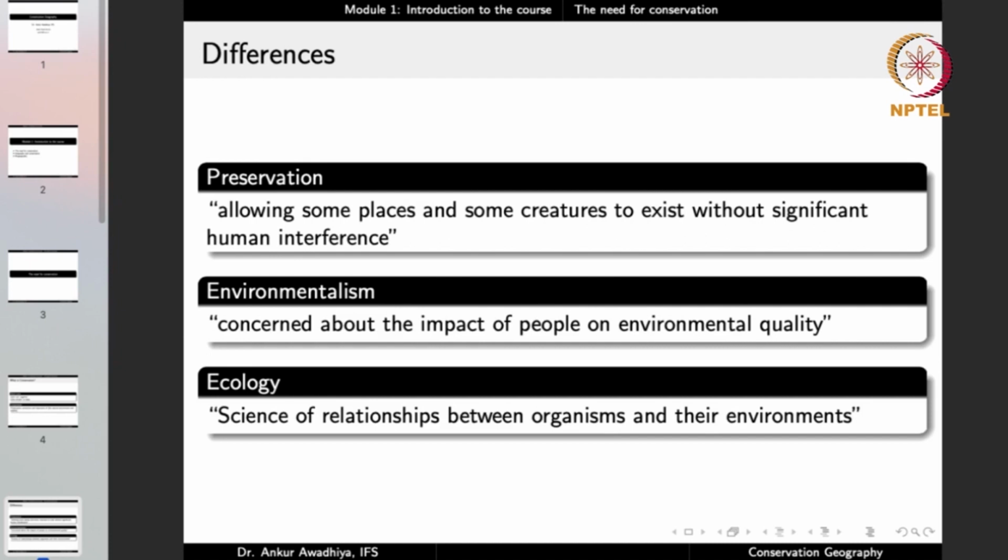Now similarly, when we talk about environmentalism, we are talking about concern about the impact of people on environmental quality. So in this case, the main objective is the environmental quality, the level of pollutants that we have in our air, in our water, in our land, in our food, and so on.